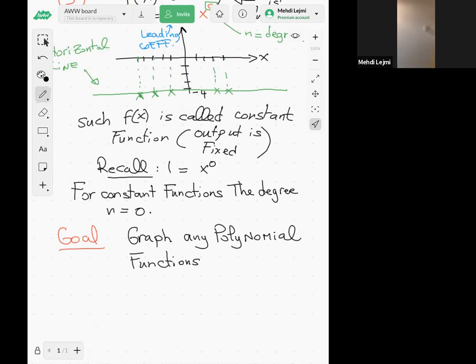I mean, if you have a linear function, that will be just a line. Now let's do it for any polynomial, okay? So first, we're gonna start with the behavior at infinity.